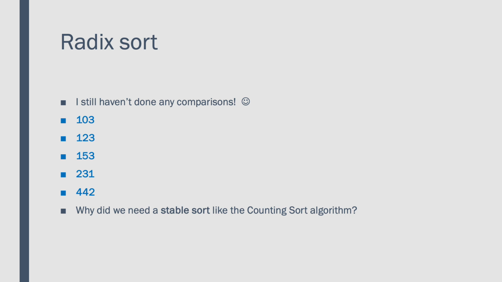If you look here, this is the final one, and we have successfully sorted the numbers using radix sort, but you might have noticed something interesting: we didn't perform any direct comparisons between the numbers. So why is there no comparison?